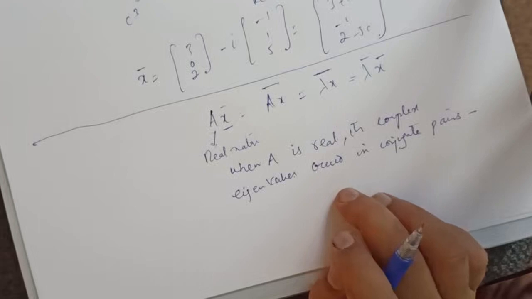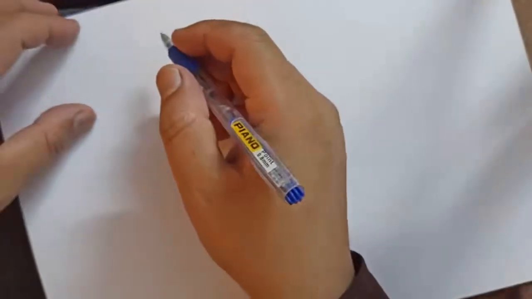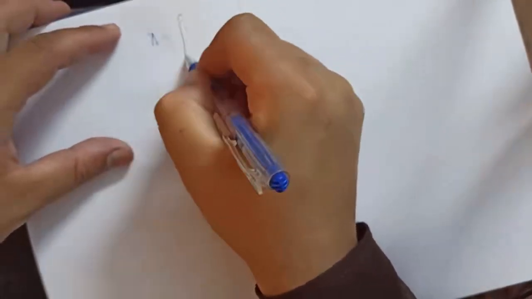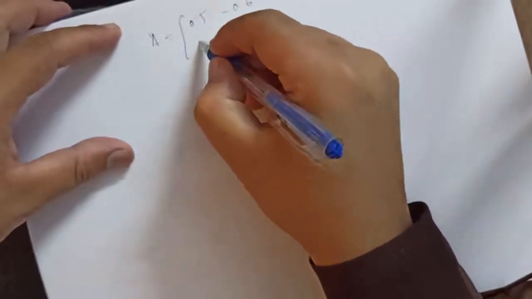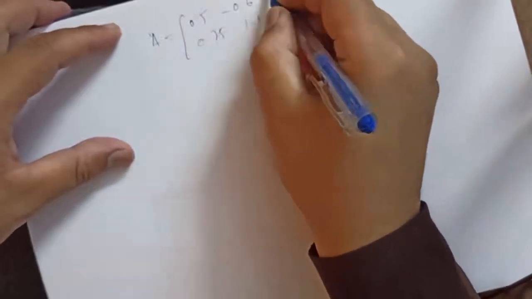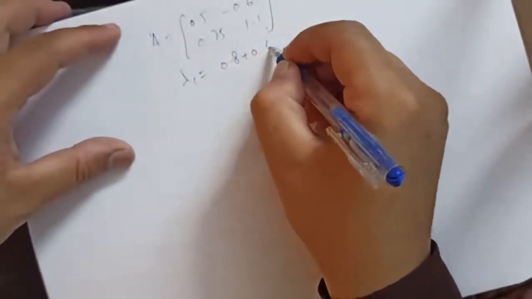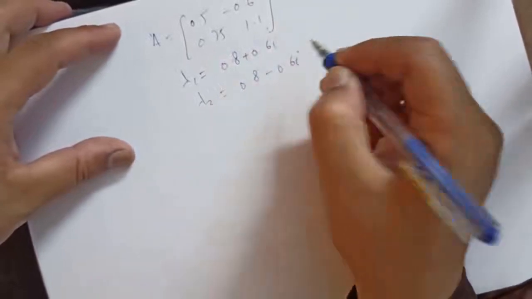Again, we can do an example to illustrate the rotation part. Let's say A is a matrix which is [[-0.5, -0.6], [0.75, 1.1]], and we have already calculated the eigenvalues: lambda 1 is 0.8 plus 0.6ι, and lambda 2 is 0.8 minus 0.6ι.